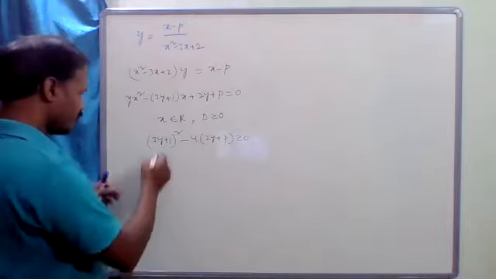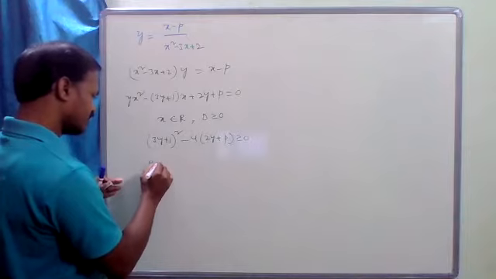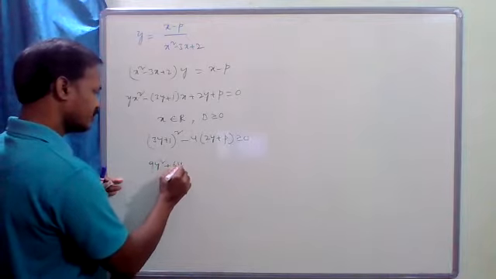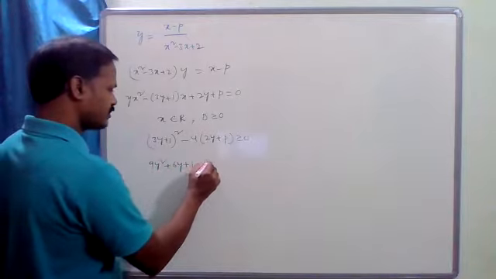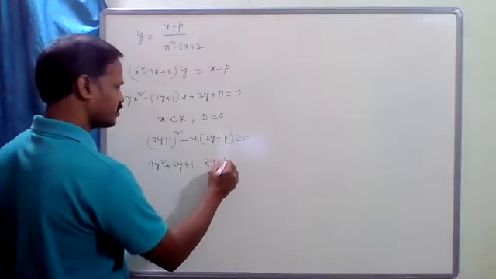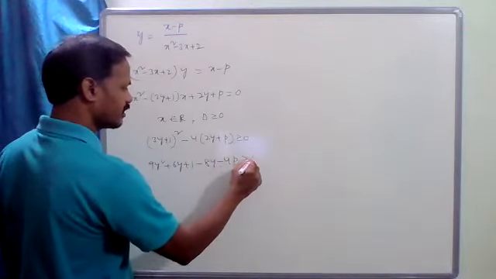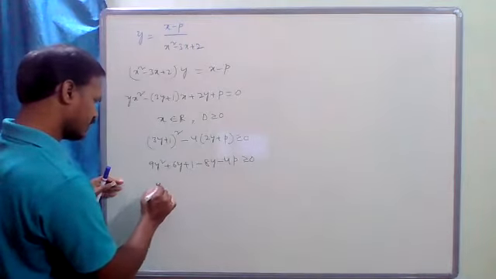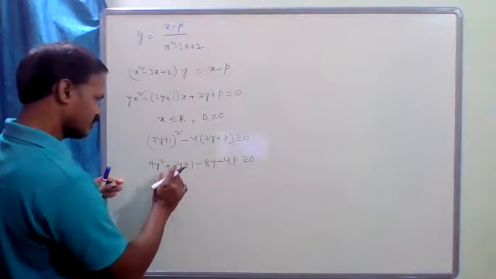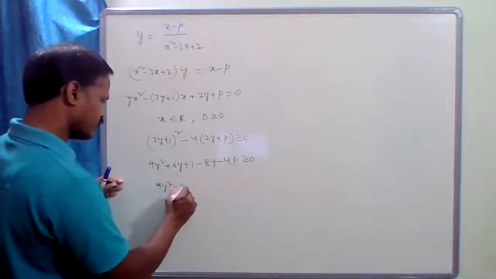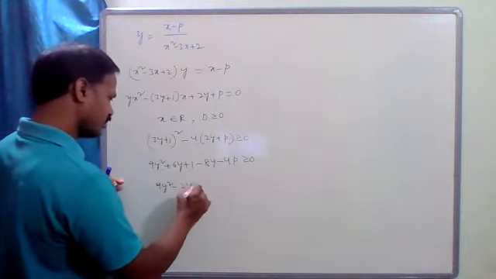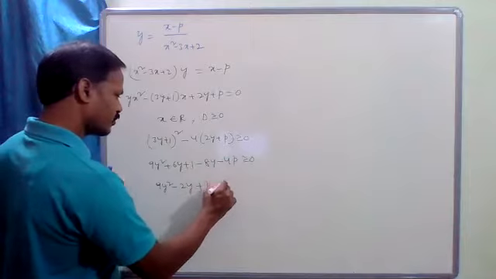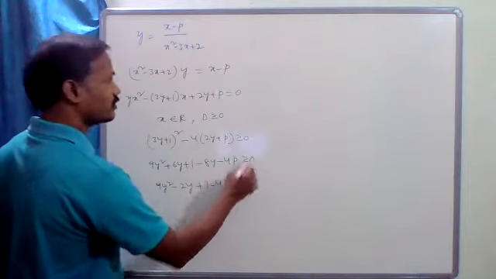Now this is 9y square plus 6y plus 1 minus 8y minus 4p is greater than or equal to 0. Now this is 9y square, 6y minus 8y is minus 2y, plus 1 minus 4p is greater than or equal to 0.